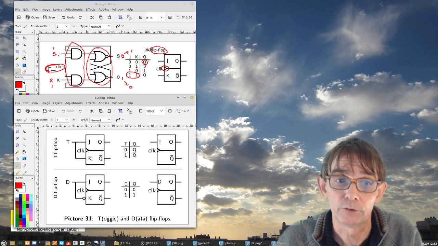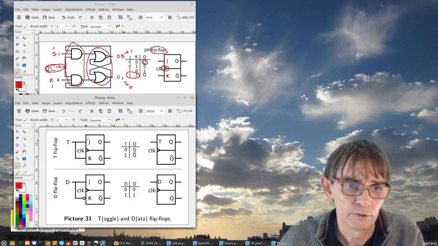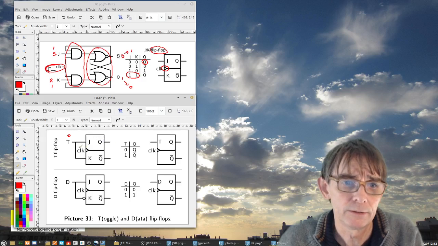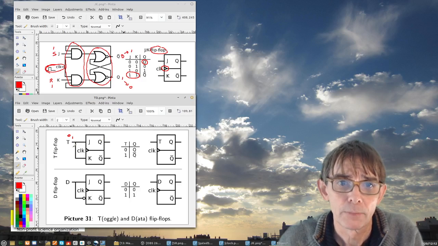So I can only actually keep the state with 0, 0 or toggle the state with 1, 1. So this is what you get here. If I apply a 0, the output is maintained. If I apply a 1, the output is toggled. That's why we call this a toggle flip-flop.